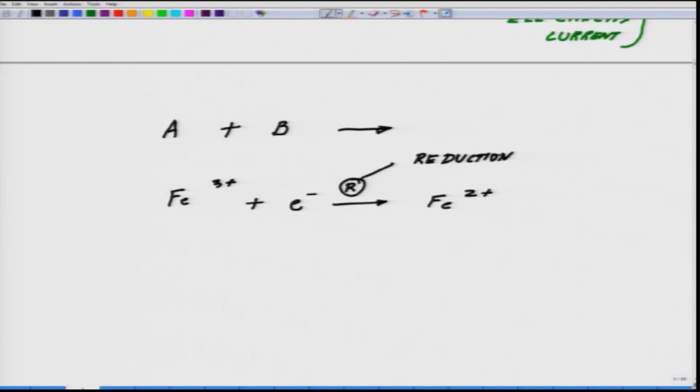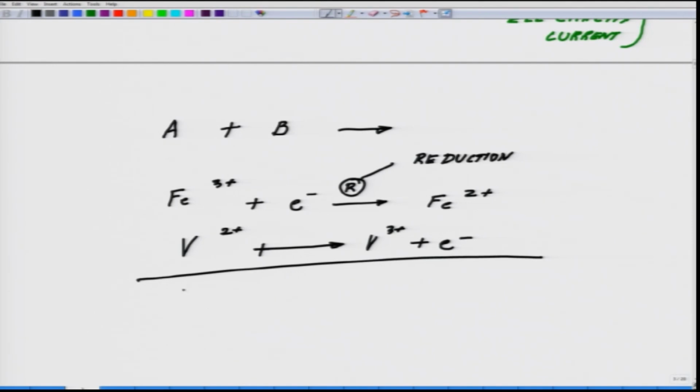Similarly, you do the next thing. You take vanadium, which is standing at 2+ state, and this vanadium gets oxidized by donating an electron. And if you add up these reactions, what you land up with is Fe3+ plus V2+ leading to Fe2+ plus V3+.